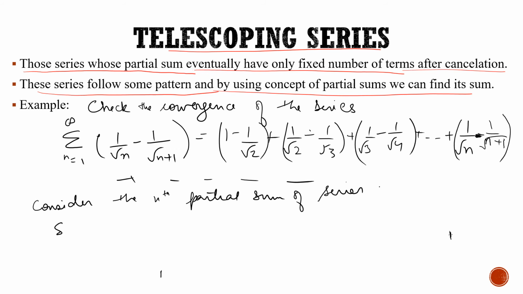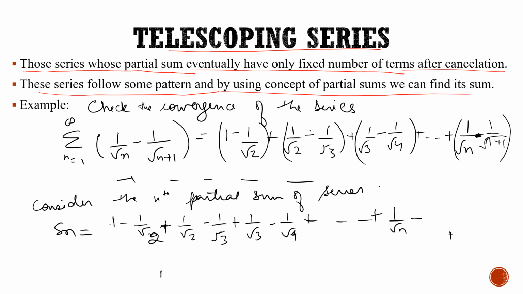you can clearly see that the terms will cancel out. If I write the nth partial sum, that is the sum a1, a2 till an, clearly you can see that the terms are cancelling, this is cancelled with this and so on.